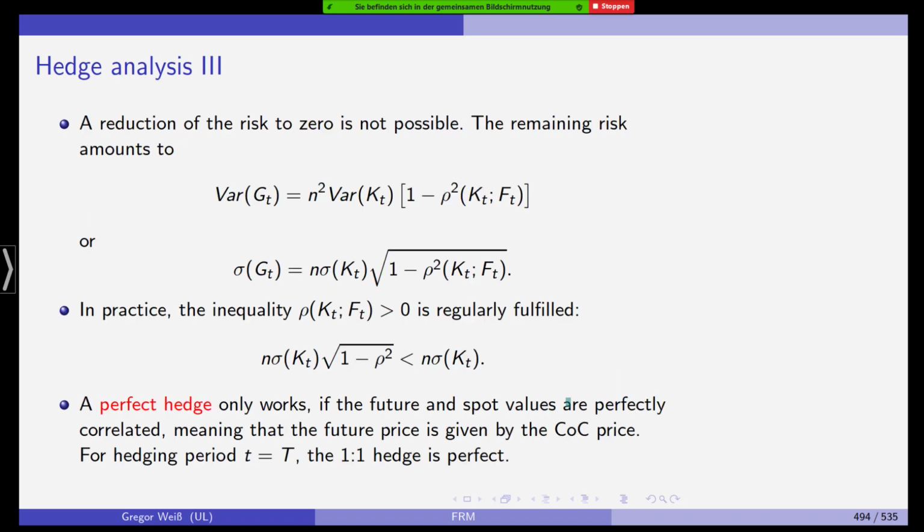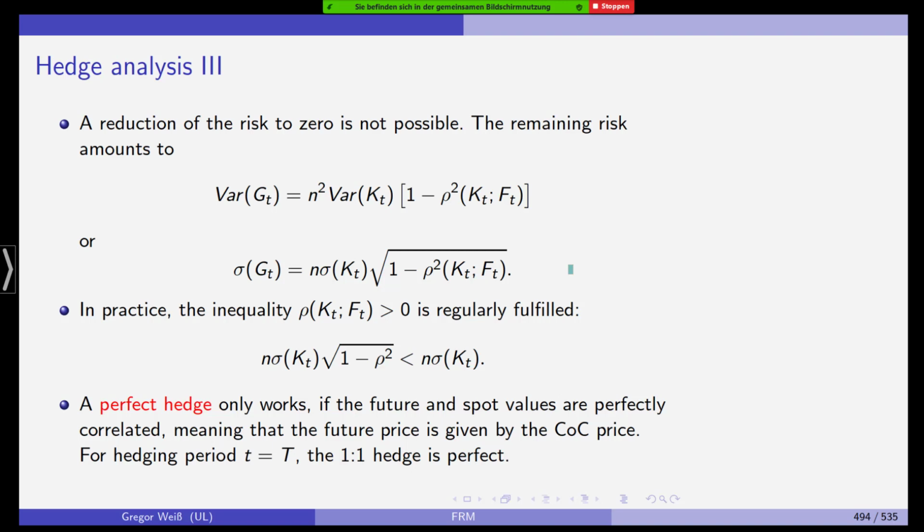Also see that a reduction of the risk to 0 is not possible. The remaining risk still amounts to n squared, the variance of the spot price, times 1 minus the squared correlation between the futures and the spot price. Or if we take the volatility, it's n times the volatility times the square root of this expression. Now in practice and in reality, the inequality rho larger than 0 is regularly fulfilled.